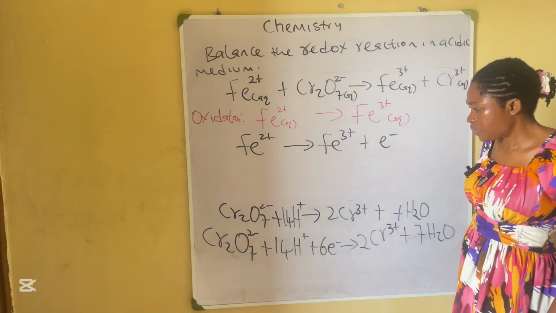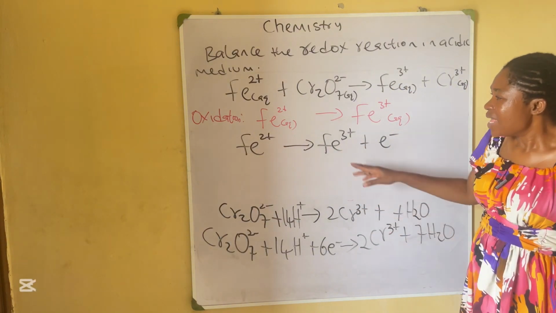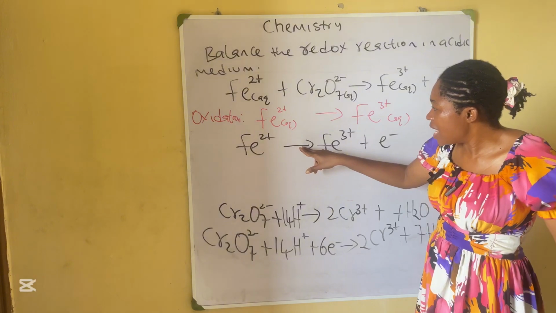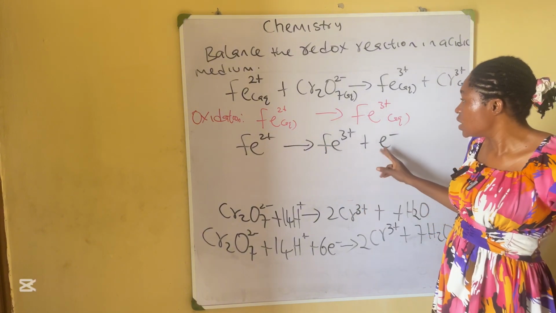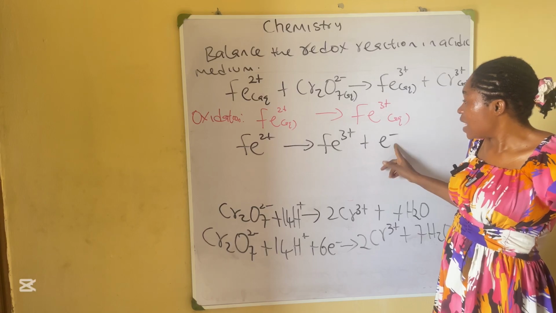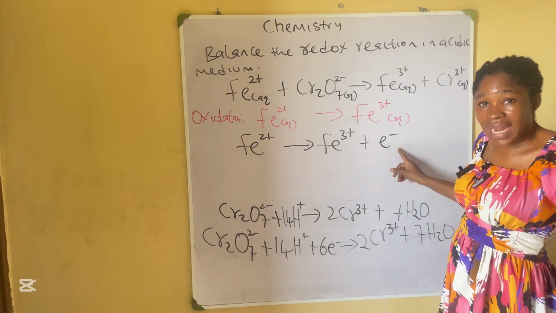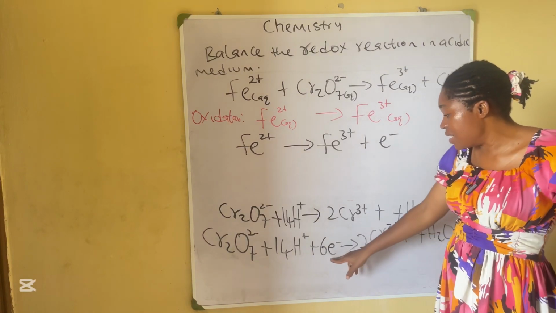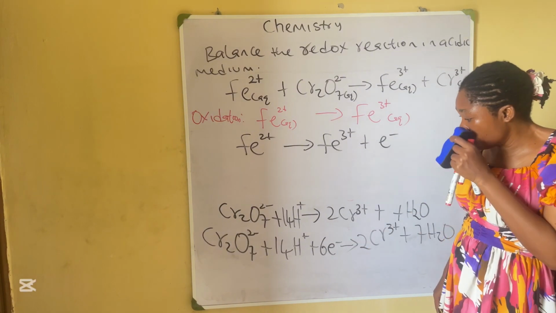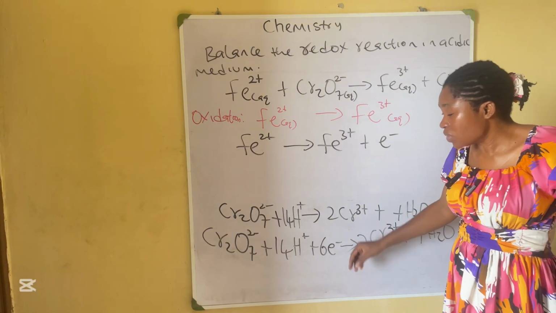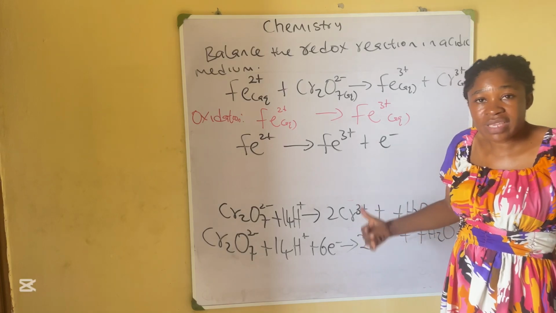But electron loss and electron gain must be the same. This ion lost 1 electron, and this one gains 6 electrons. So it's not equal. So what I'm going to do is multiply, because electron loss, electron gain must be equal.